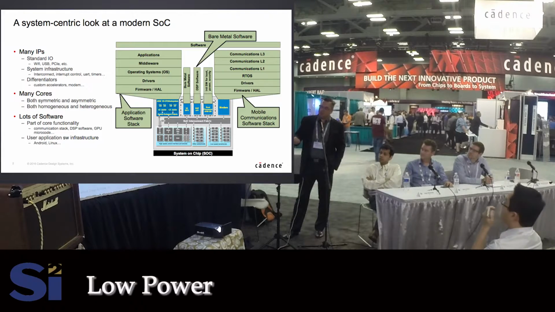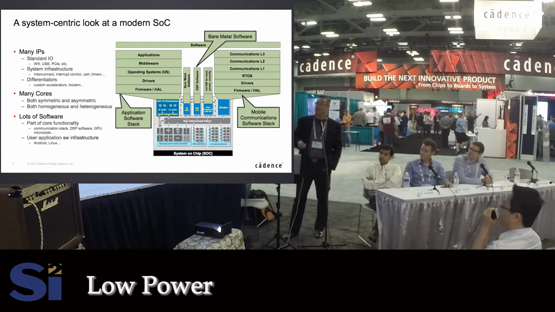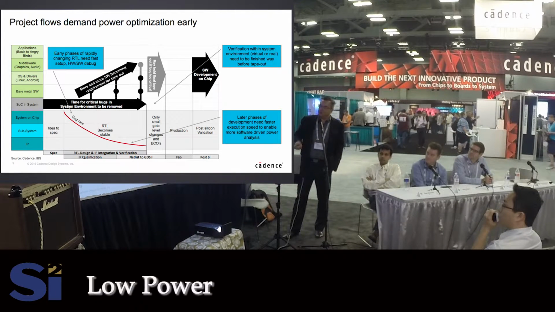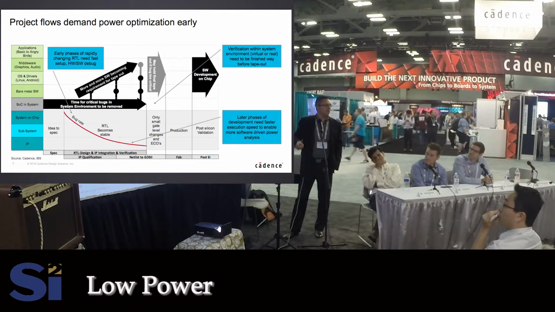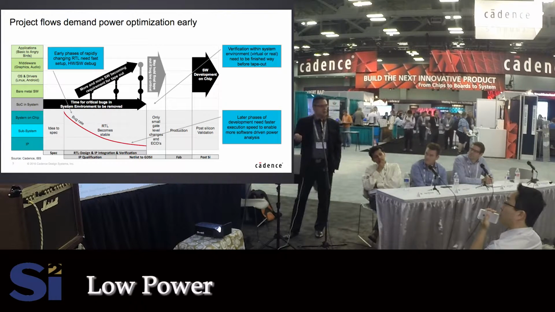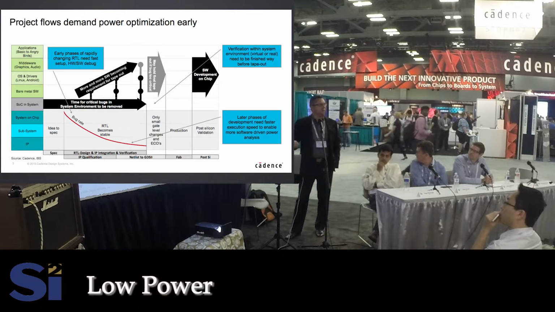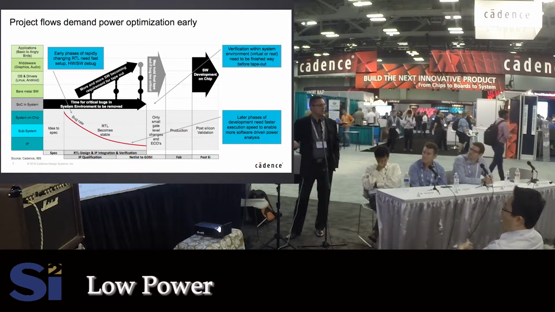These complex chips are very, very complex, with lots of software in the system, and when you develop them, you want to make sure that you do all the analysis, all the optimization as early as possible, because about halfway through a design flow, you have to fix a lot of items, right? If I haven't figured out by the time my RTL gets stable whether my hardware and software actually work, and what my power consumption is, doing it late is in the noise.